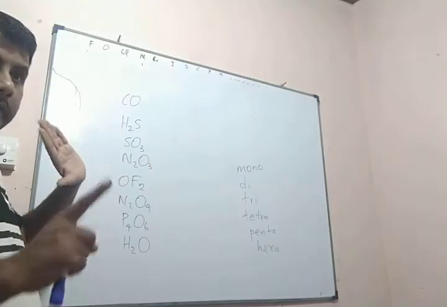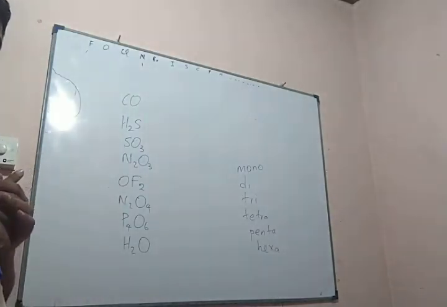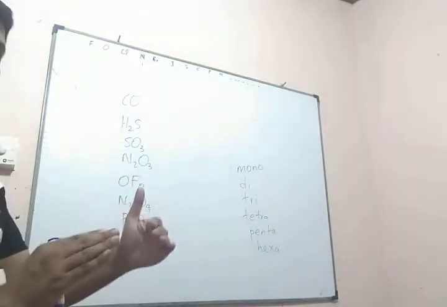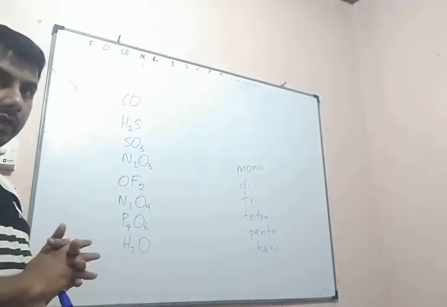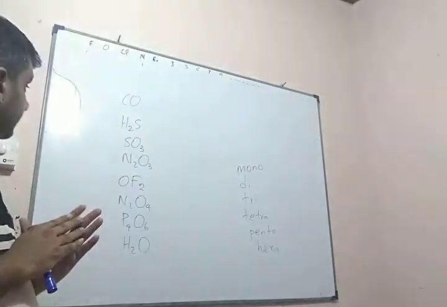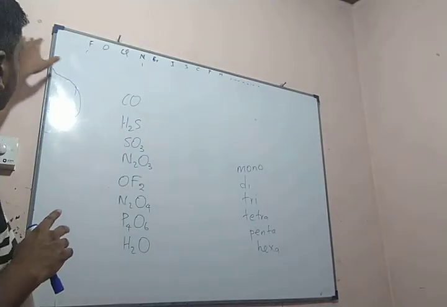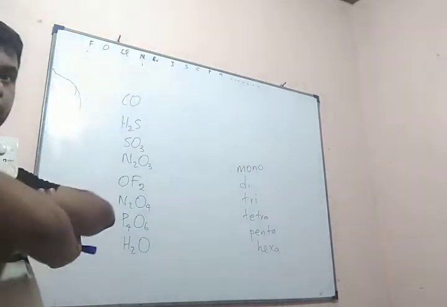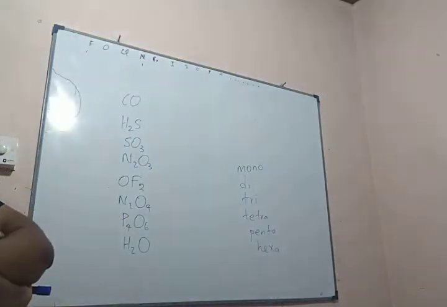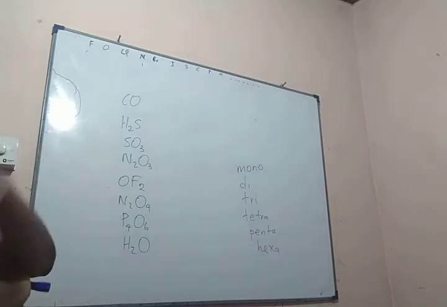Always first you should write the name of the positive portion and then the negative, right? In the first example, carbon, oxygen. Which one is less electronegative? Carbon. So it should be written first.